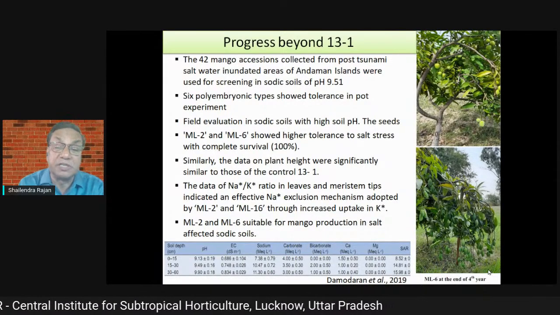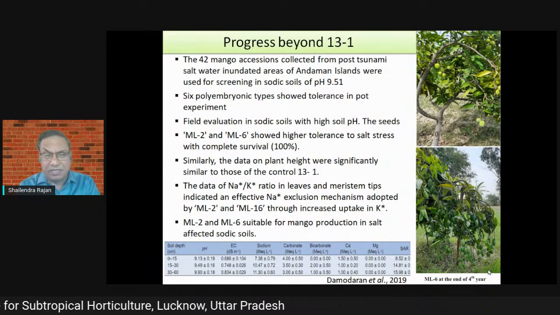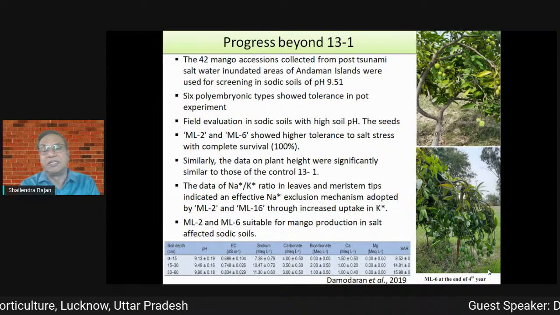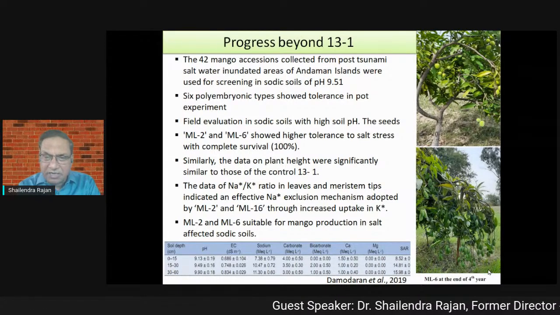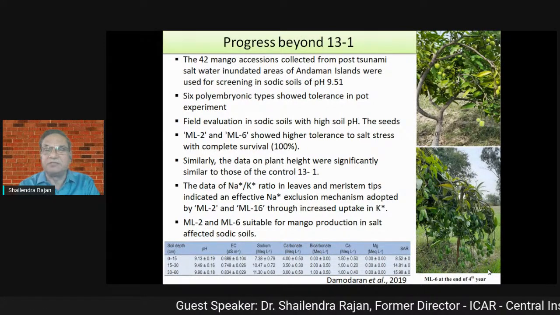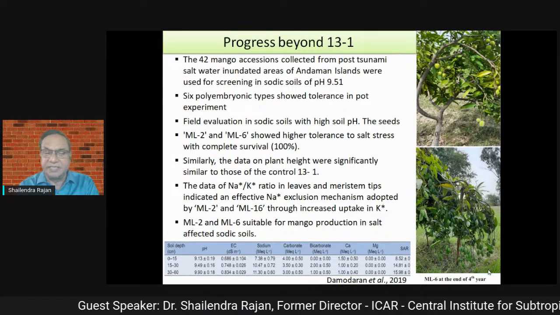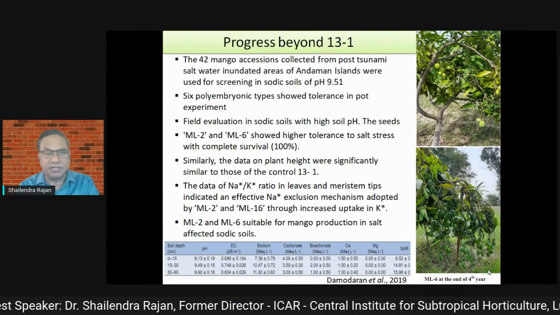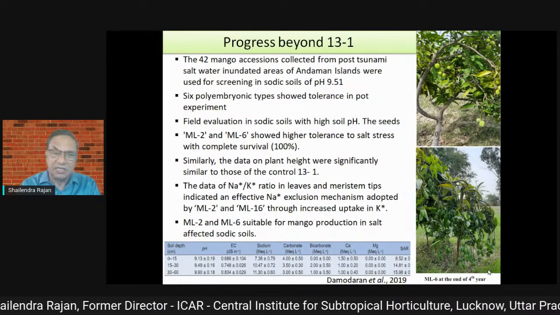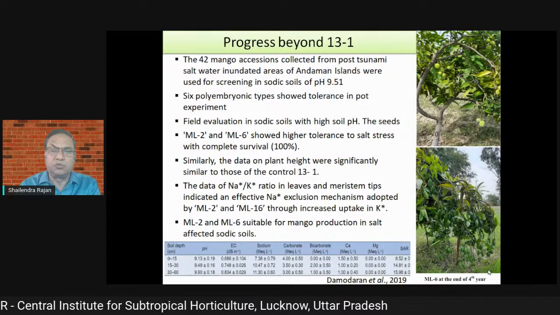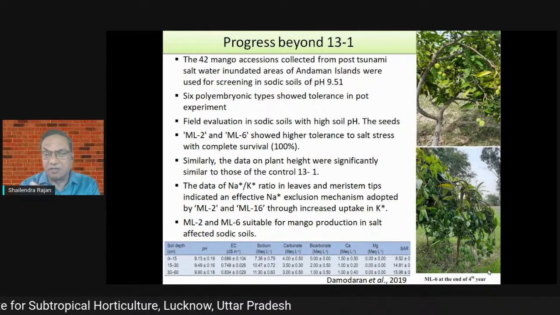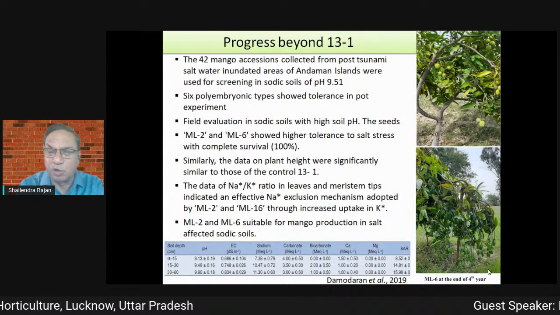And it was similar to 13-1, but an additional advantage may be that these two rootstocks don't require as much water as we require in case of 13-1, because 13-1 requires regular drip operation particularly. So in these two rootstocks, ML2 and ML6, we may have better production.